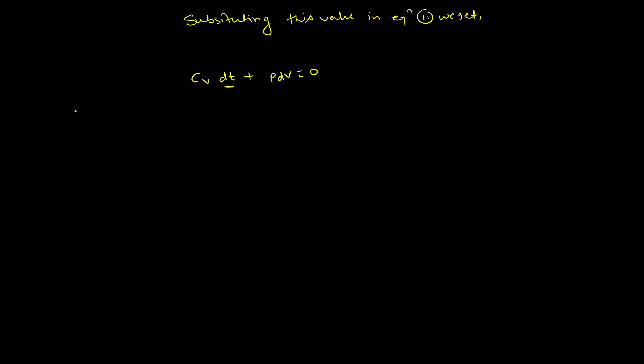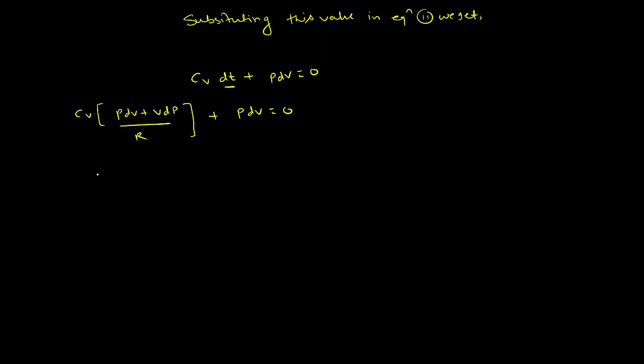Substituting the value of dT here, Cv times PdV plus VdP divided by R, plus PdV equal to 0.